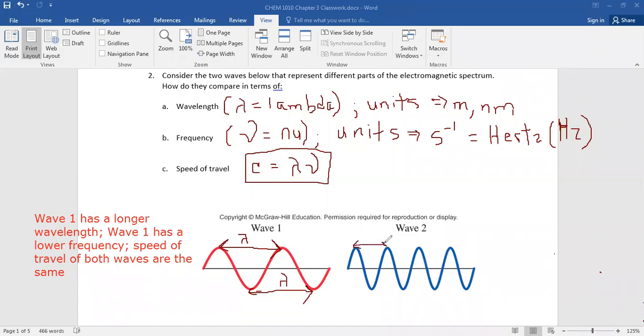Wave 2 has a much shorter wavelength than wave 1. However, wave 1 has a much lower frequency. However, both will be traveling at the same speed of light.